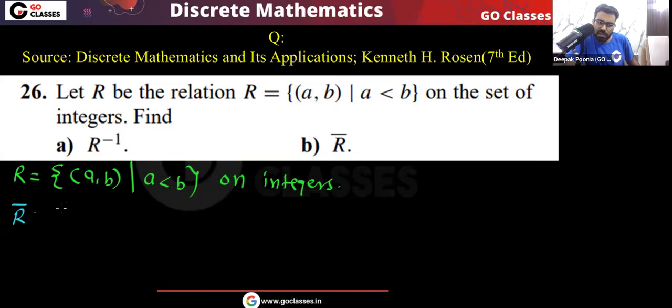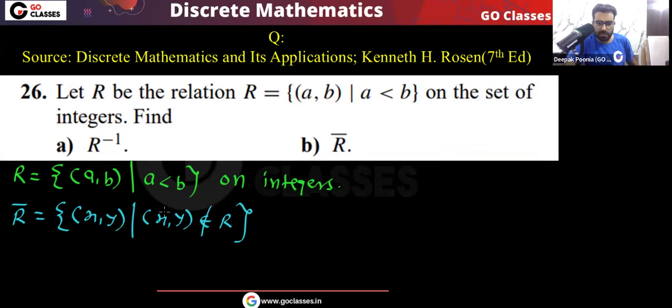Just apply the definition. R complement means those ordered pairs which do not belong to R. So you can see R complement has (x, y) such that this ordered pair does not belong to R. Tell me one thing, (x, y) does not belong to R, what does it actually mean? An ordered pair (a, b) belongs to R if the first element is less than the second element.